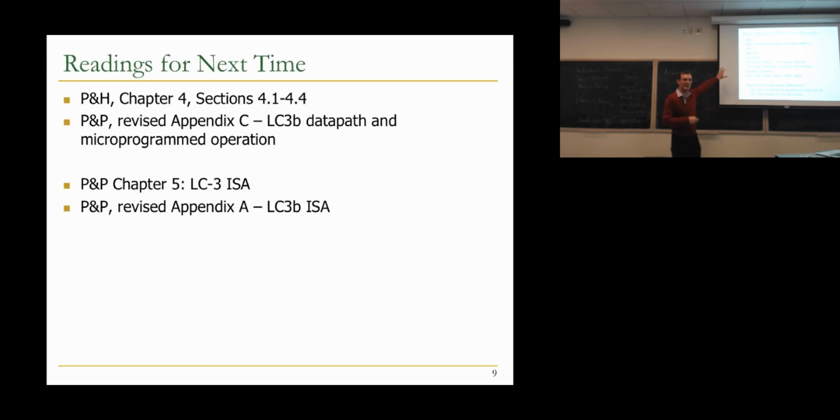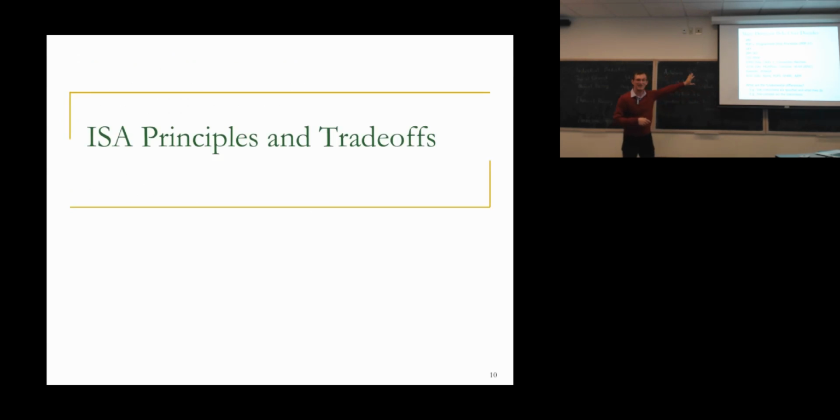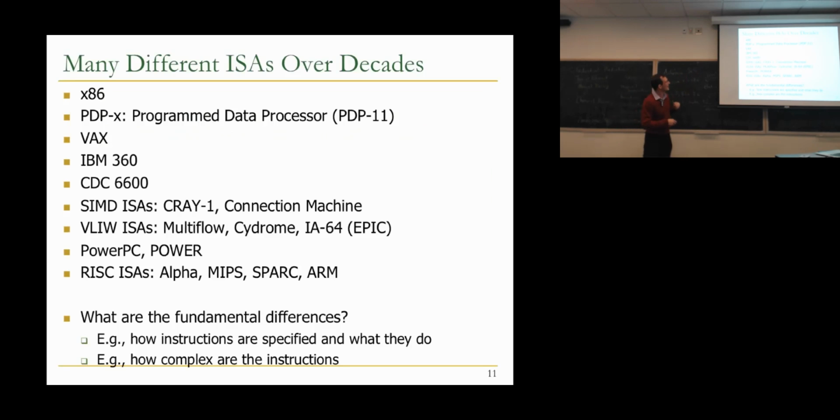There have been many different ISAs over the decades. Not as many as microarchitectures, as we've covered before, and you know the reasons for that. But this is just an incomplete list. x86 is probably the most common and most popular today, right? It's everywhere because it's maintained software compatibility very well over the years. But this is a very old ISA, PDP, Program Data Processor, PDP-11, being one of the earliest for personal computers, actually.